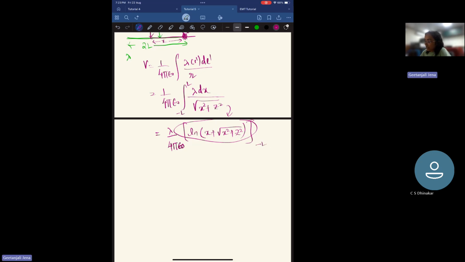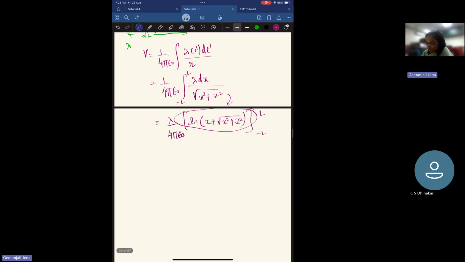And the integration is from minus L to L. So what we get now, let us write beta, and ln of L plus square root L square plus z square, minus L, square root L square plus z square.